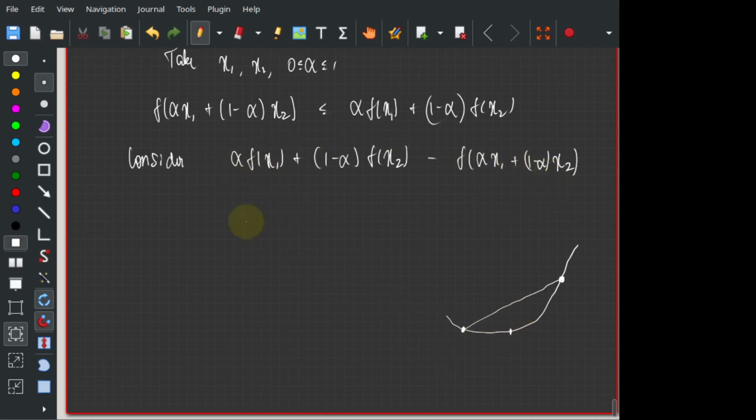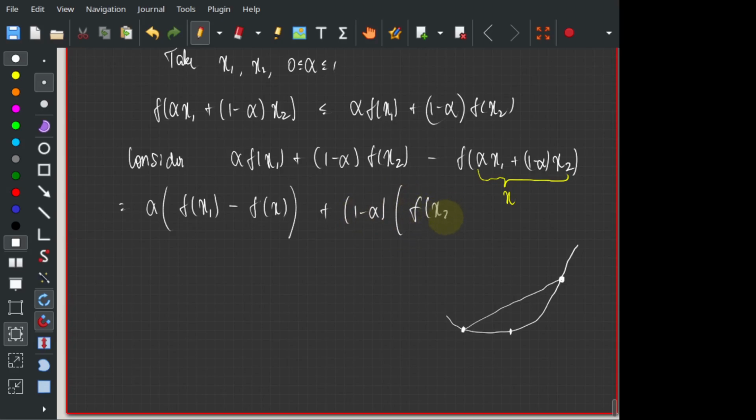I'll rewrite this in the following way. For convenience, I'll call x equal to alpha x1 plus 1 minus alpha x2. So this is equal to alpha times f of x1 minus f of x, plus 1 minus alpha times f of x2 minus f of x.